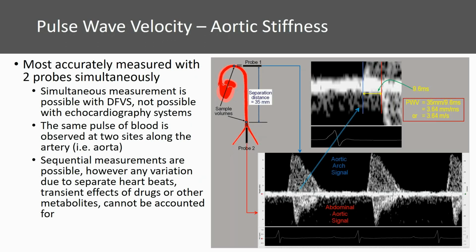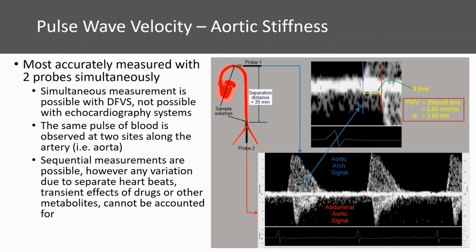We take simultaneous measurements, typically one from the aortic arch and the other from the abdominal aorta, and we display these spectrograms simultaneously. So measurements made are on the same pulse of blood flowing through that vessel. This removes any variability which may be observed in the spectrograms that were obtained sequentially and then overlaid with one another.